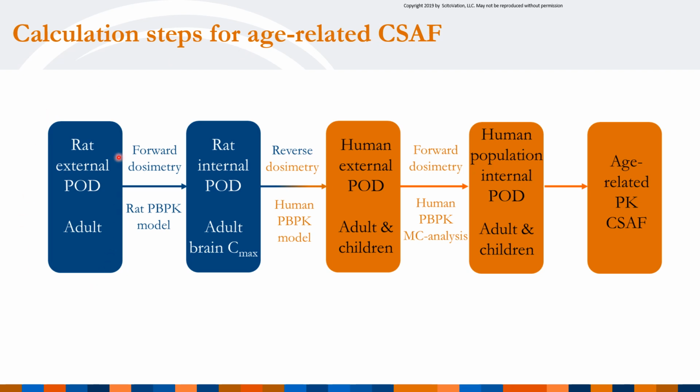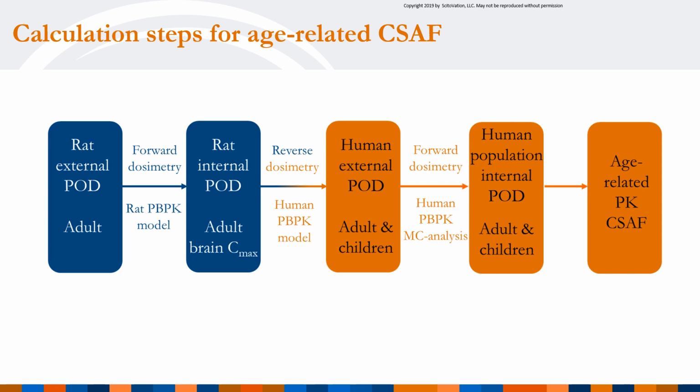So that's the first step here. Then we used reverse dosimetry to determine the external dose, yielding the same internal dose as in rats. Finally, forward dosimetry and Monte Carlo simulations were used to calculate age-related internal concentration from which the CSAF could be determined.